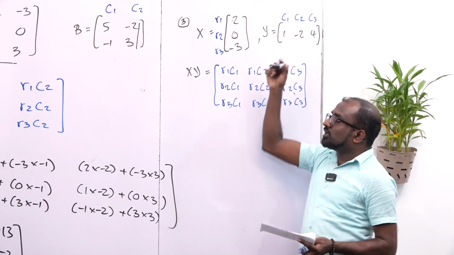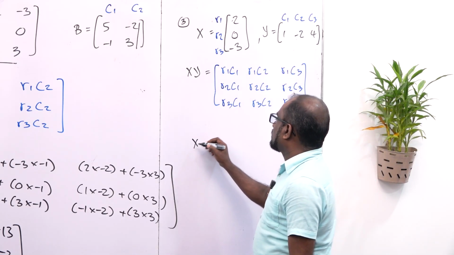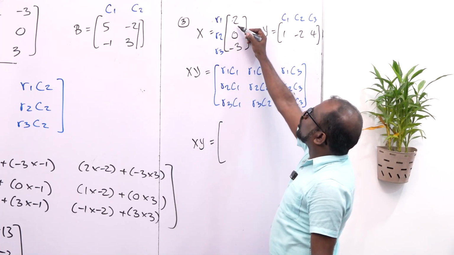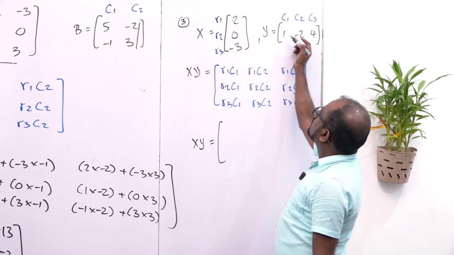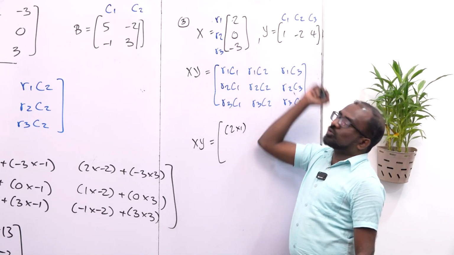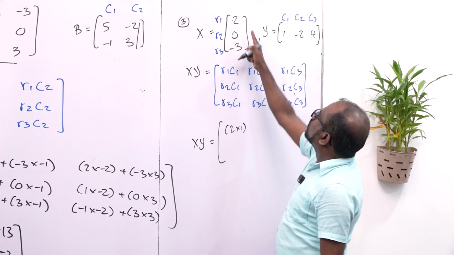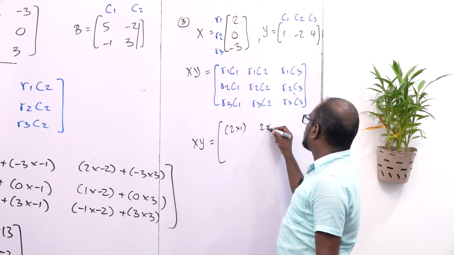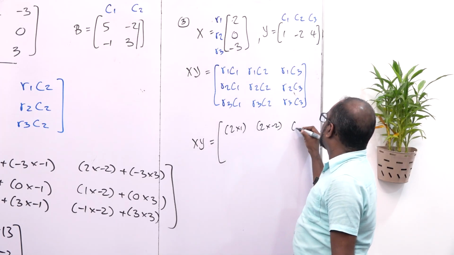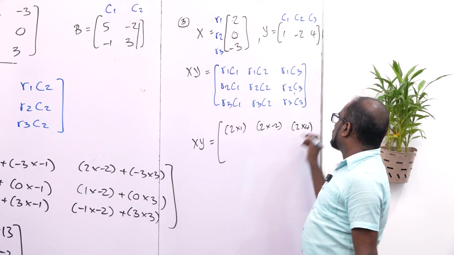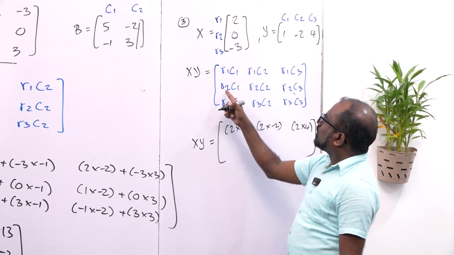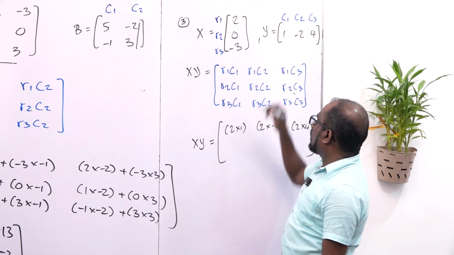Now look at this key. Then I multiply. Row 1, column 1: row 1 only 2, column 1 only 1. 2 times 1. Row 1, column 2: 2 times minus 2. Row 1, column 3: 2 times 4. Row 2, column 1: 0 into 1.